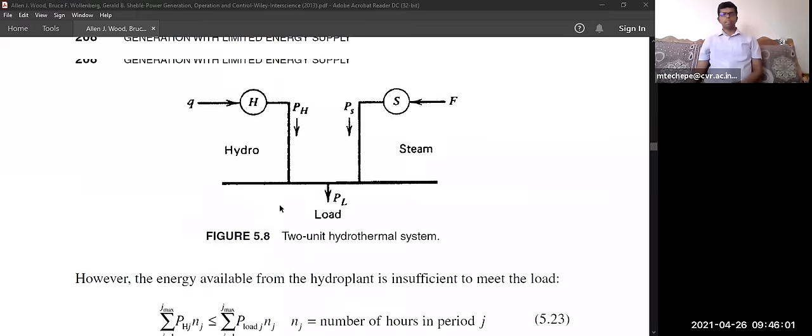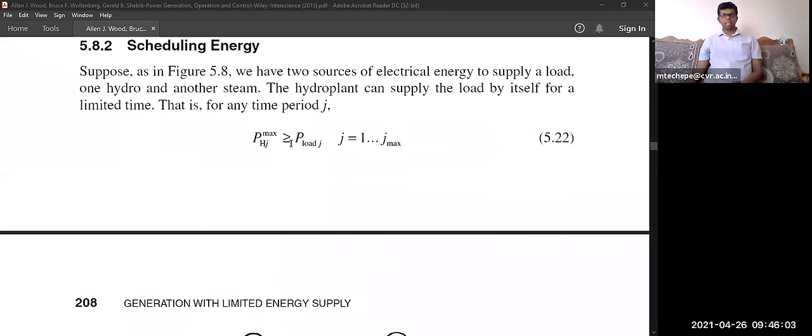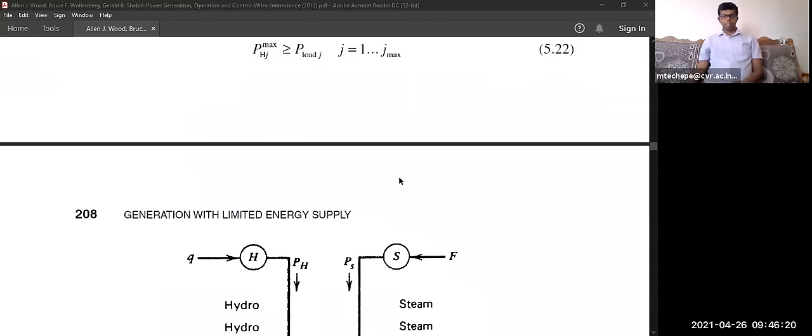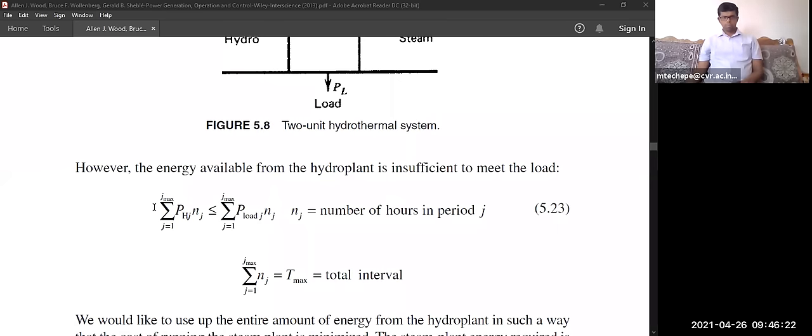So previously what did we consider? Previously we considered the power generated from the hydro power plant alone. That is, the maximum power generated from the hydro power plant alone is greater than or equal to P load of j. Now, the energy available from the hydro power plant alone is insufficient to meet the load.